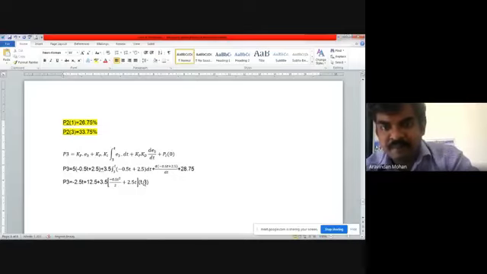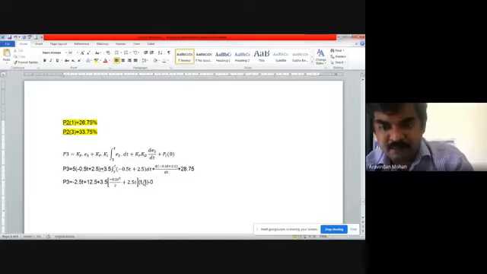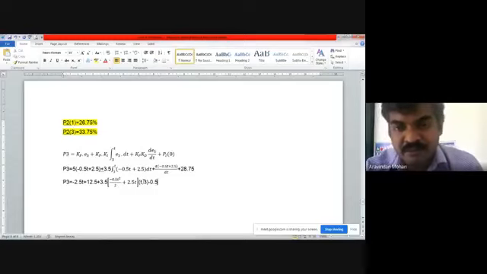Then plus d by dt of minus 0.5 t. If you differentiate the first term, d by dt of minus 0.5 t, it becomes minus 0.5. Plus d by dt of 2.5 is 0.